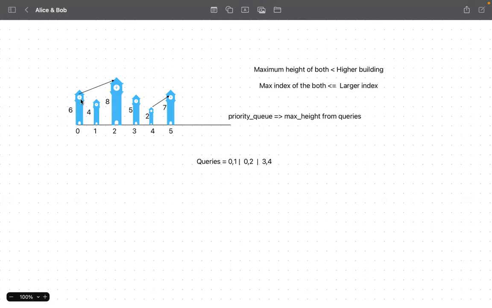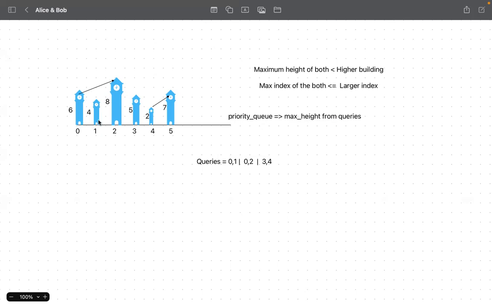So for example, if we are at the zeroth index building, then what queries can we serve? We can serve any queries where the building is less than 0. The corner cases we are not looking at now. We are just looking at the cases where both Alice and Bob have to move out. So for the zeroth index building, we have to look at the queries where the maximum index is lesser than 0.